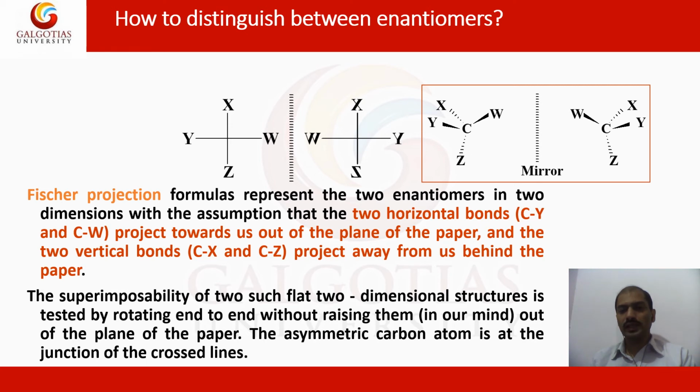Once you put the mirror in between in this molecule, it will look like this. Again you can see whether this is chiral or achiral. You can check it out. Obviously this is not similar, so dissimilarity is there, or it is non-superimposable. Superimposable means the same groups are superimposed with the original molecule.